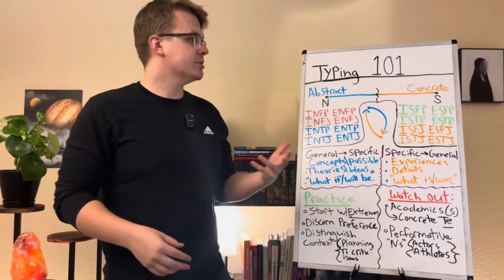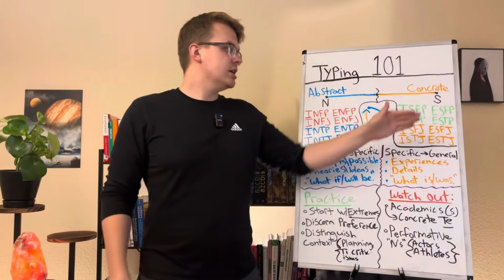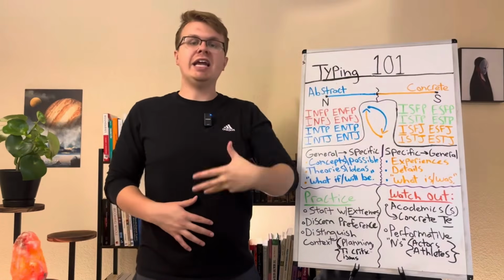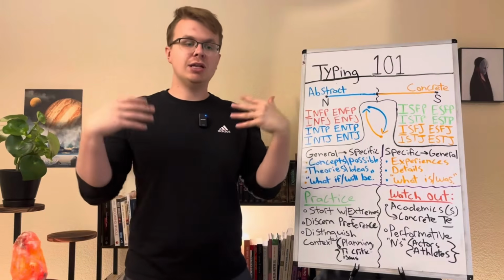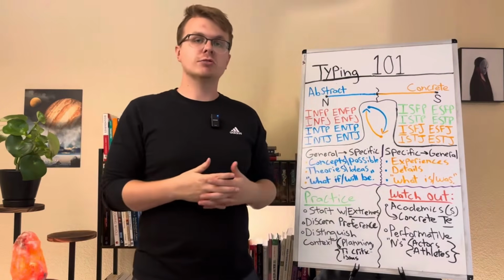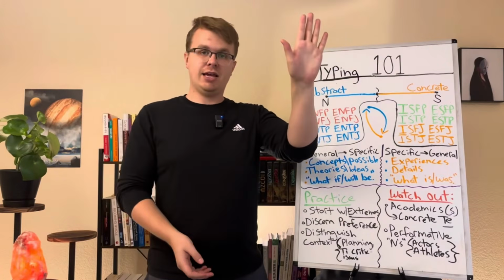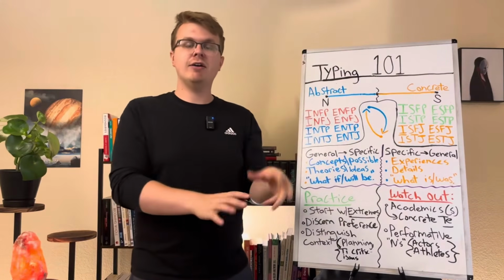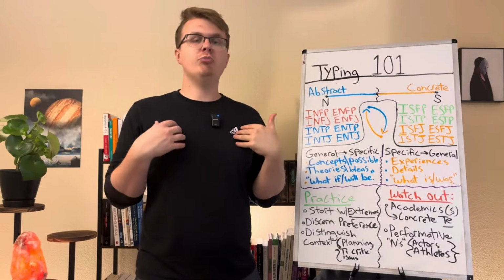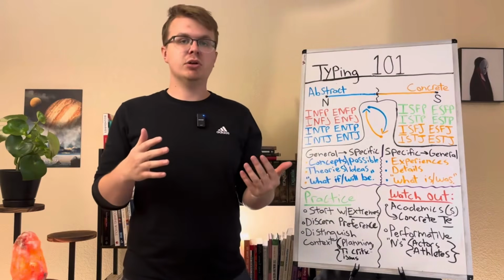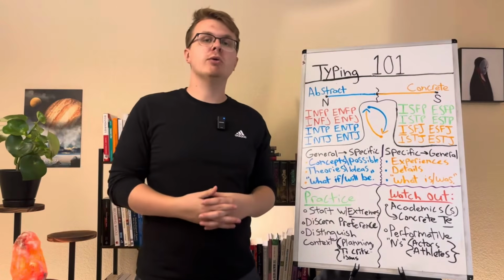One of the best ways to understand this is looking at the SJs. The SJs have high introverted sensing, high Si. This is my experience, my duty, my role within the world around me. Now, attached to that, in a lower slot, they have a little bit of extroverted intuition. That is, okay, based on what I've been through, based on my past experiences, what are the possibilities going forward?